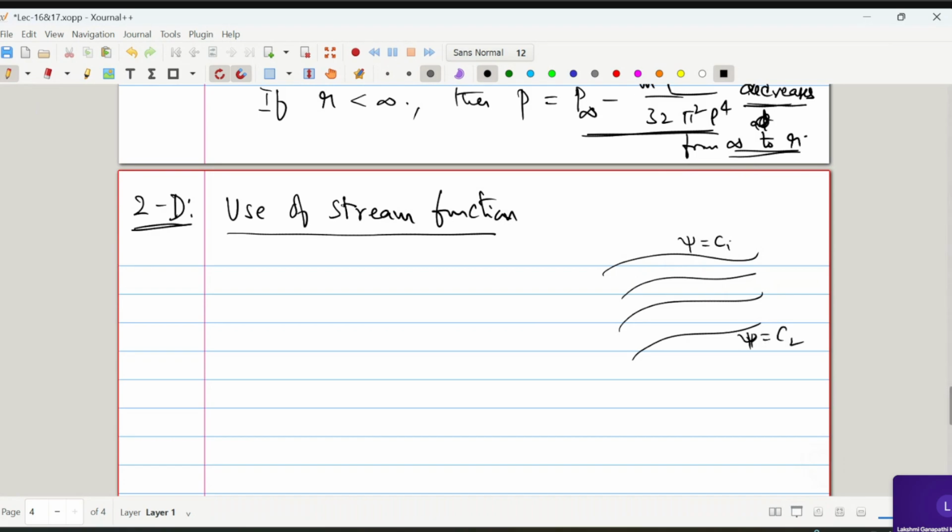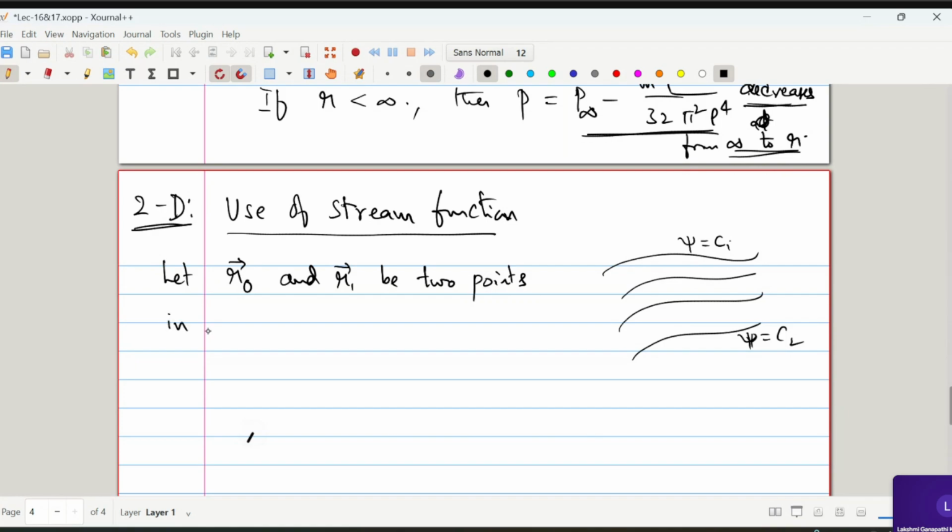You consider 2 points in your fluid. Let's consider R0 and R1 to be 2 points in the plane only, right?